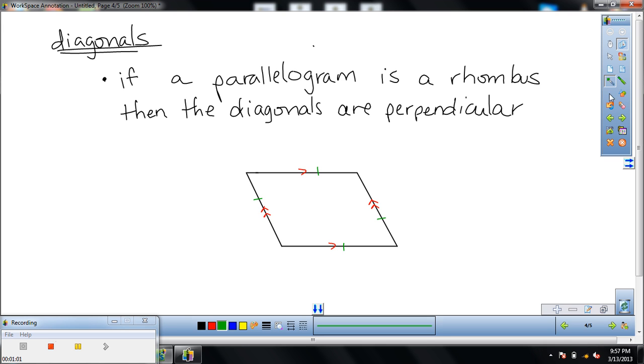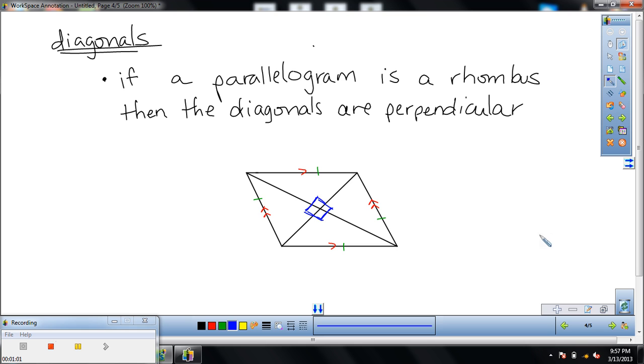And if we draw in our diagonals, we get the special property of a rhombus that the diagonals intersect to form a 90-degree angle. And all of the angles that are formed by those diagonals are going to be 90-degree angles. So we get this little section of 90-degree angles in the middle of our rhombus.